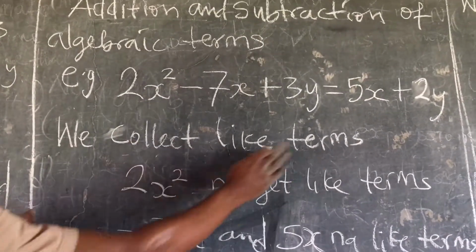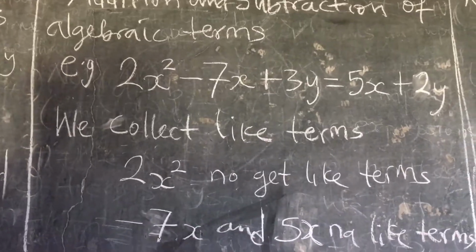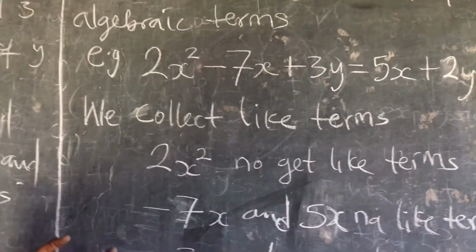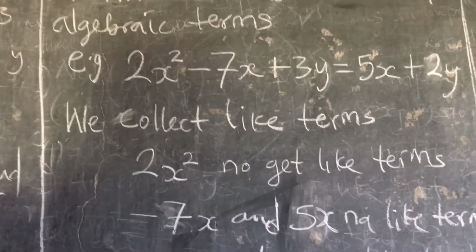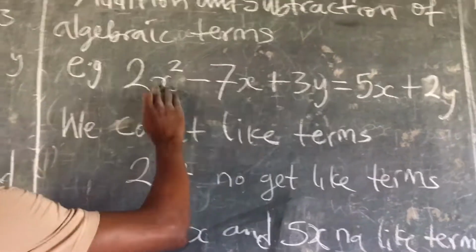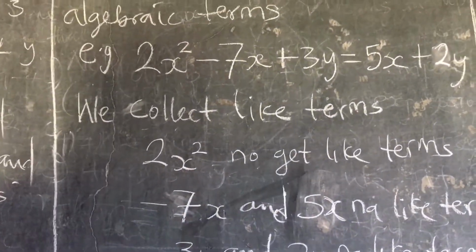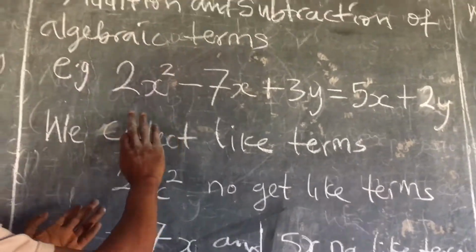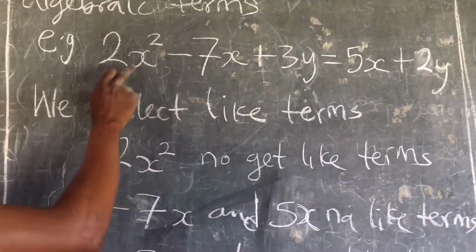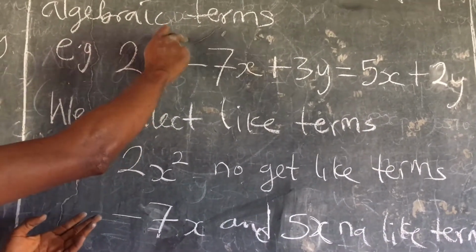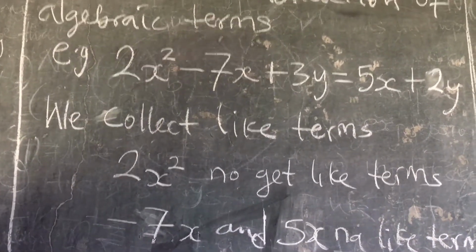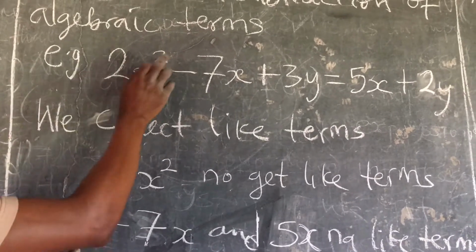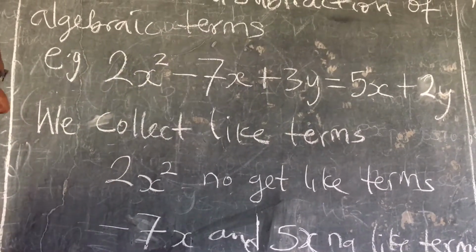That is, we collect like terms. Like terms in algebra are algebraic terms that are at the same level or the same category. Like 2x squared, you don't have a category here because this x has a power.